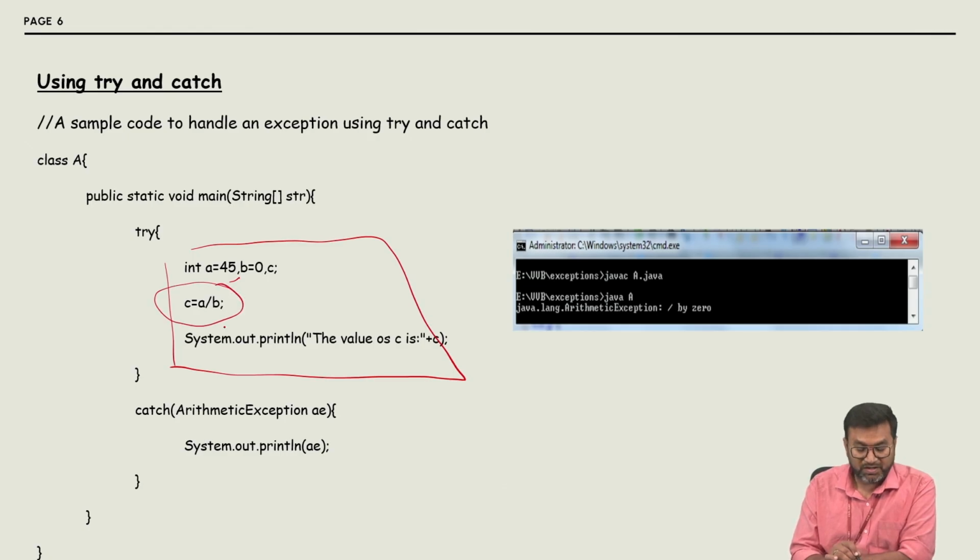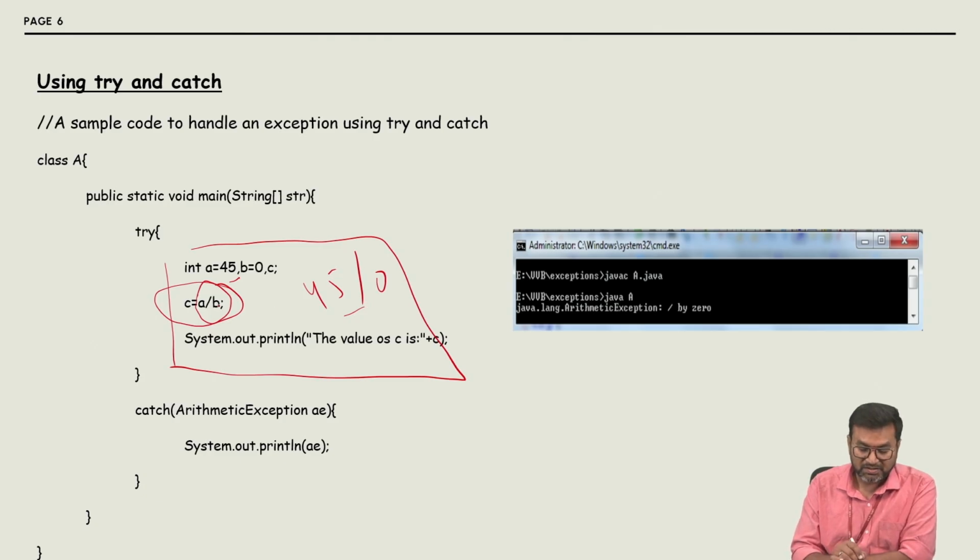When the JVM is evaluating this statement, what happens? Syntactically everything is correct. I am simply dividing one number with another number, 45 divided by 0. Syntactically correct, so we never get any error during compilation.